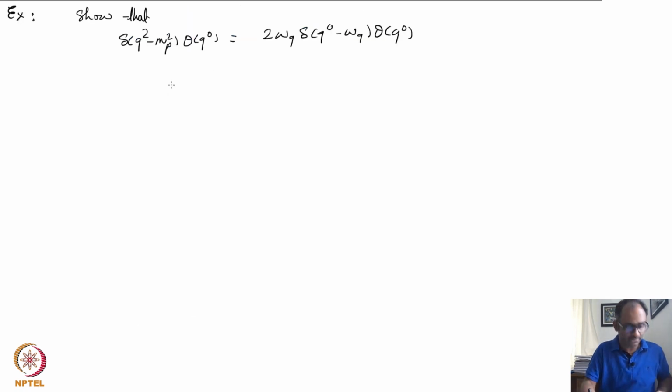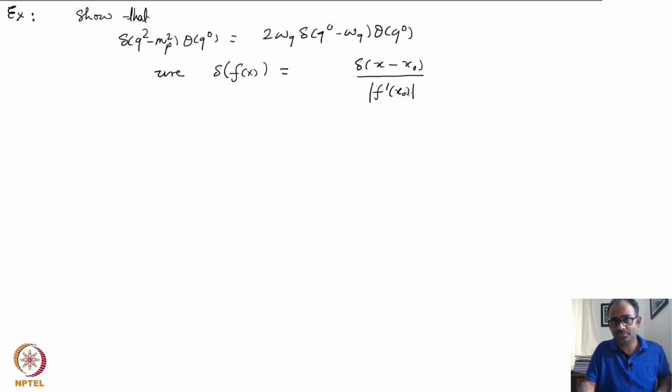And in proving this you will have to use the property of delta of f of x, where f is some function of x, and this is delta of x minus x naught over f prime, the first derivative at x naught, and you have to take a modulus of it. So signs are not counted here.